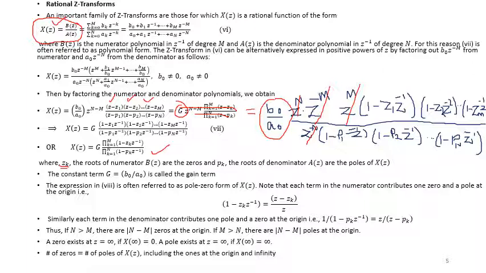So zk, the roots of the numerator B(z), are the zeros, because by definition you understand what a zero is, and similarly pk, the roots of the denominator, which is represented as A(z) here, are the poles of X(z), right? So zk and pk are respectively the zeros and poles of this X(z).